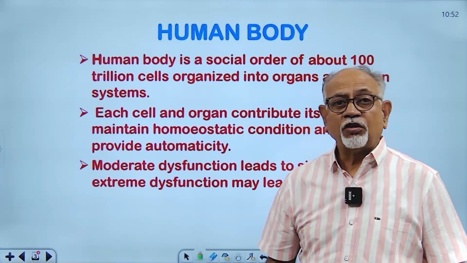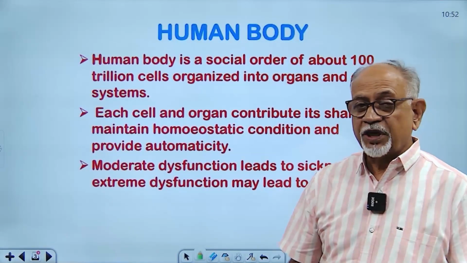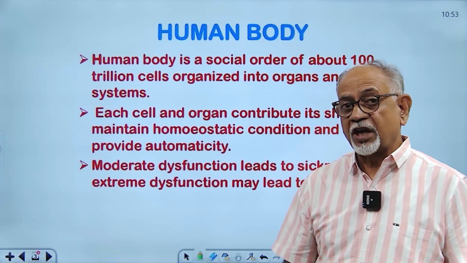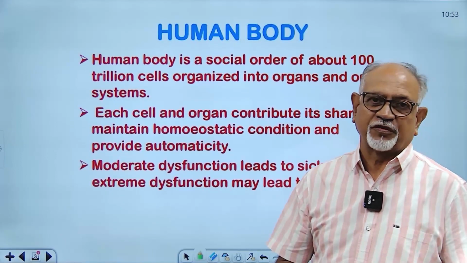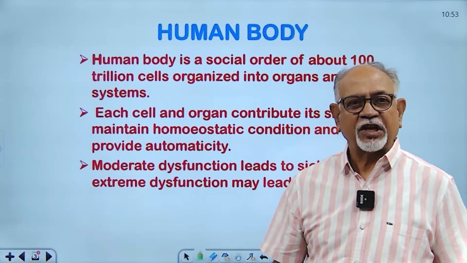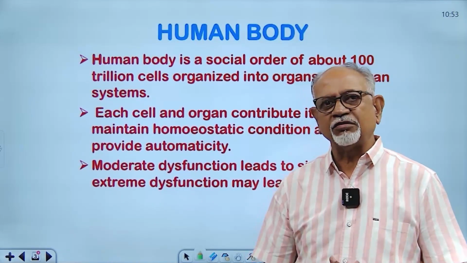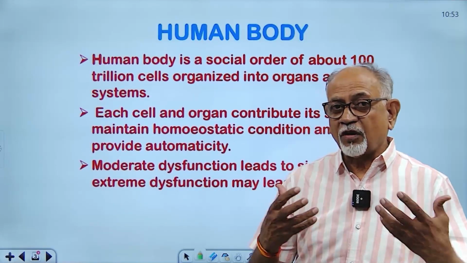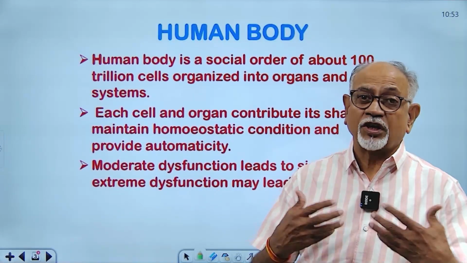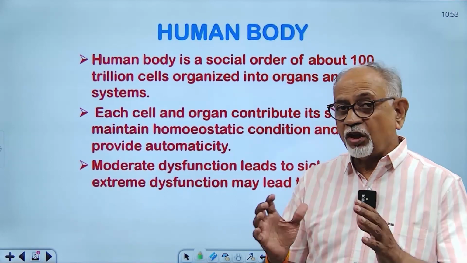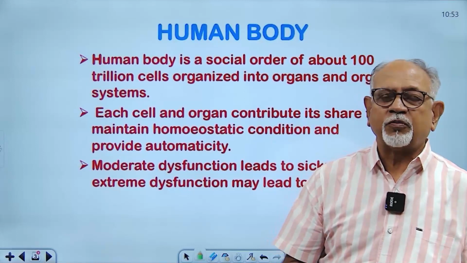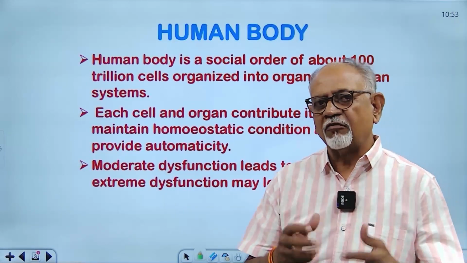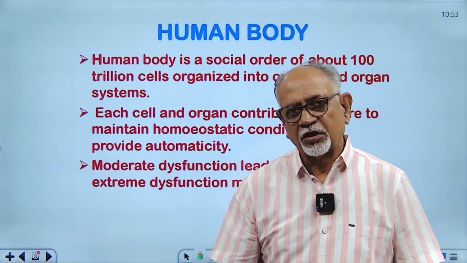Now, as you know, the human body is made up of about 100 trillion cells of different types. All these cells form tissues, and tissues form organs, then organ systems, and all these function in a coordinated manner to perform at optimum level to maintain good health.